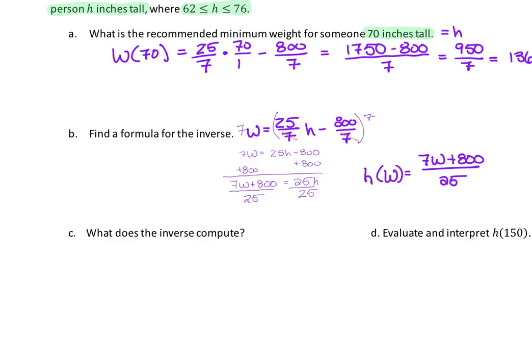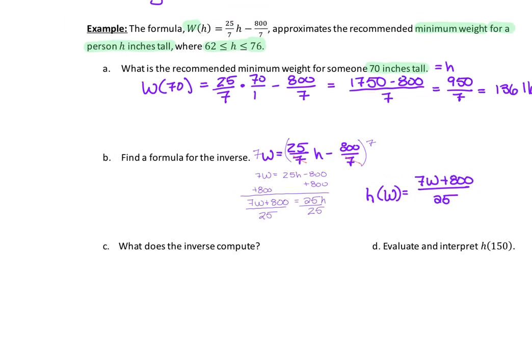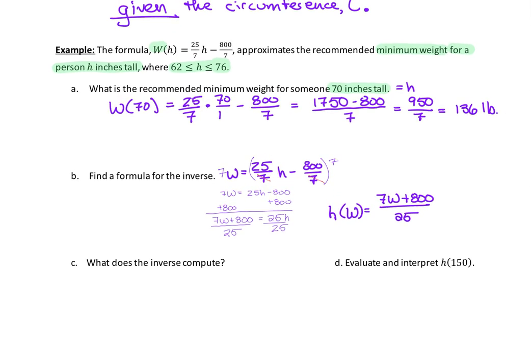All right, let's go ahead and do a couple things here. Let's start off with what does the inverse compute. So remember that the other one computed the weight for a person h inches tall.